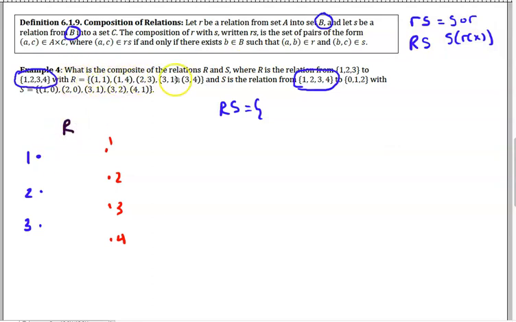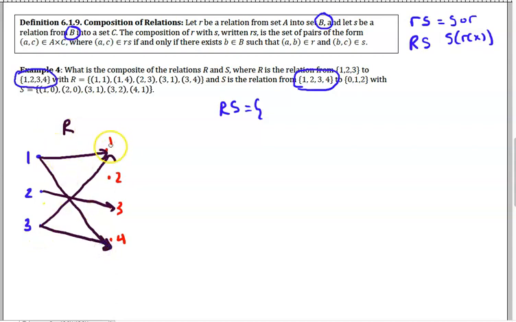So we're looking at this coordinate point. It says that 1 goes to 1 and 1 goes to 4. Make a little arrow diagram here. 2 goes to 3 and 3 goes to 1 and 3 goes to 4. Okay, so this helps us visualize R.